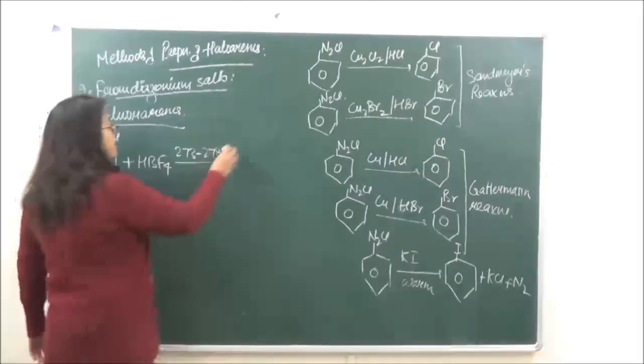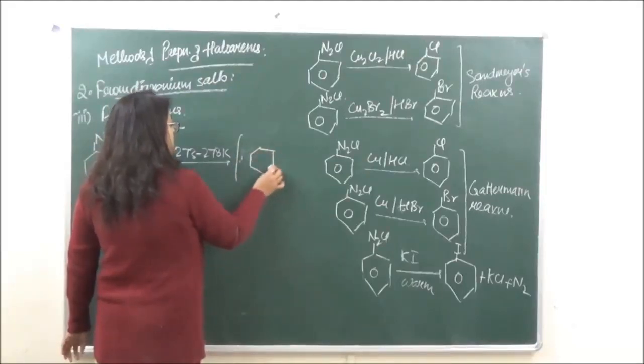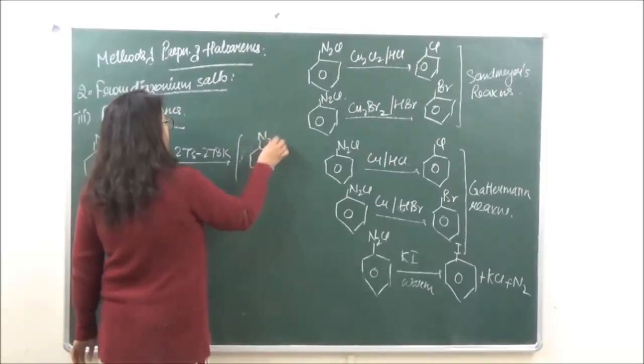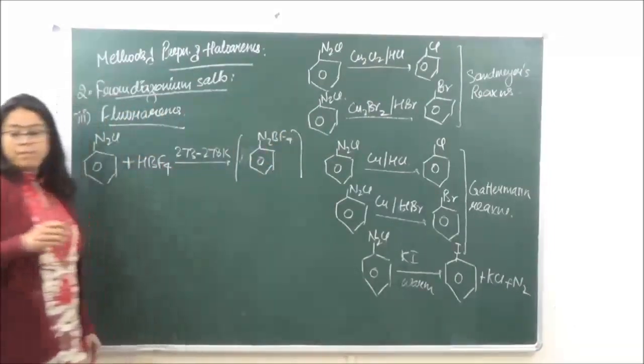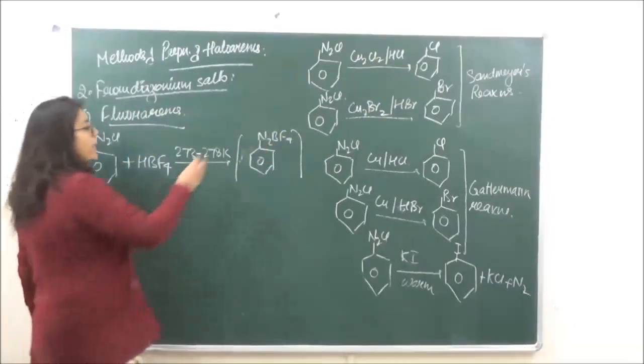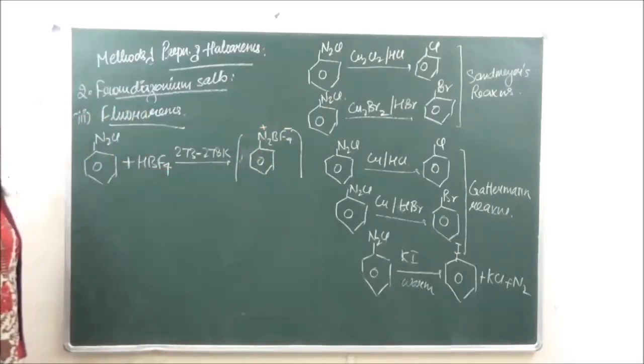We get an intermediate, N2BF4, with positive charge on nitrogen and negative charge on the BF4.